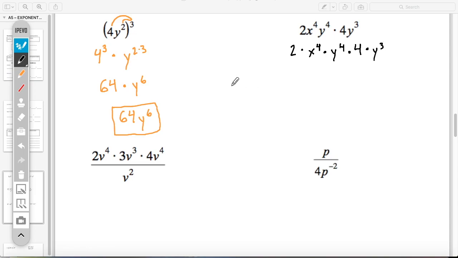Okay. So what I'm going to do now, I'm going to underline all my like bases. Okay. So right here I have a 2, and over here I have a 4. Okay. I know that I can multiply those two numbers together. Okay. 2 times 4, that's possible. So that equals 8.